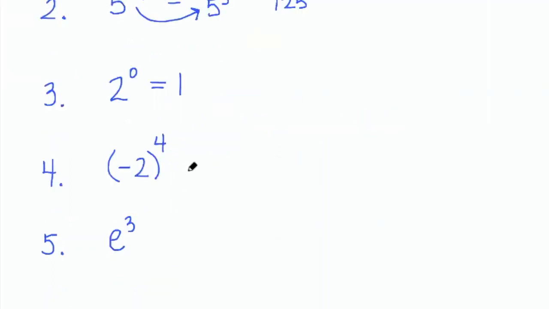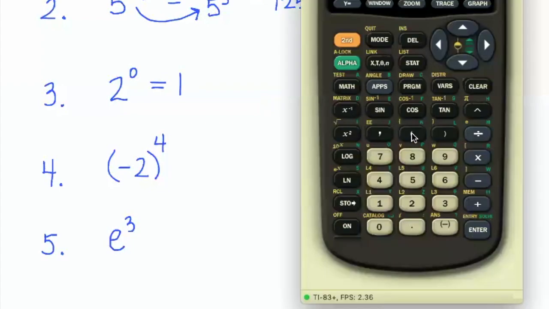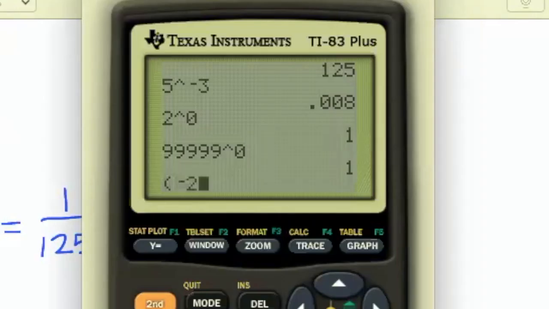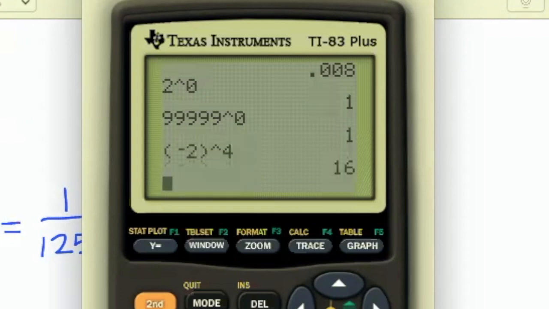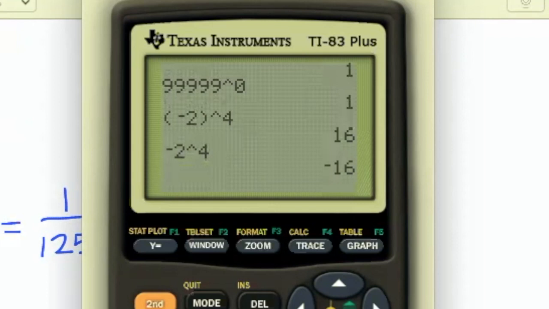When your base is a negative number, you have to be careful. Notice how I have parentheses around that base. I'm going to use the parentheses when I type it in, and that is the correct answer. -2 times itself 4 times is +16. Notice what happens if you leave off the parentheses. You get a different answer.